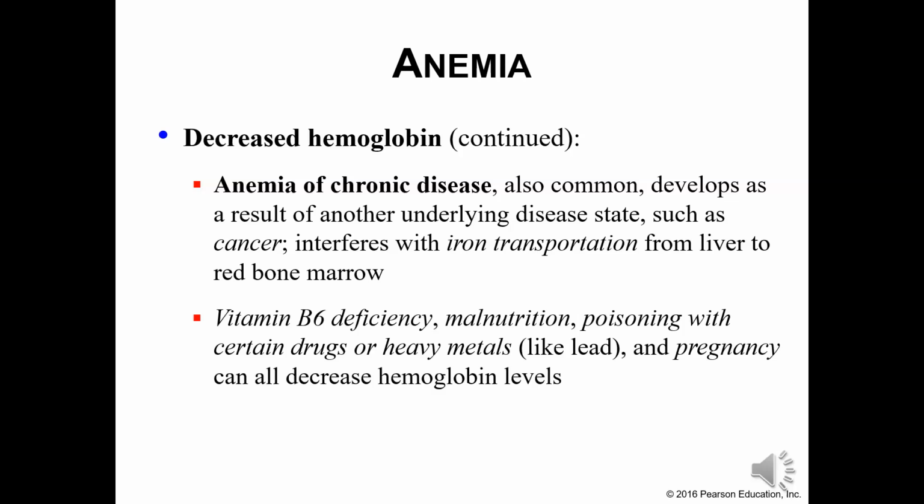Other causes of anemia of chronic disease are vitamin B6 deficiency, malnutrition, drug poisoning or heavy metal poisoning like lead poisoning, and even pregnancy, mainly because of the increased volume that the mother has to take care of. Those all can result in a decreased hemoglobin, and we can always measure hemoglobin levels with instruments in the lab called hemoglobinometers.